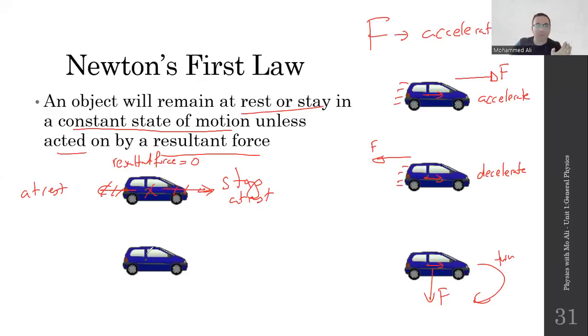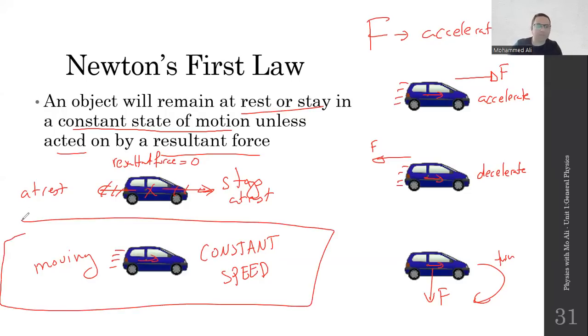But if the object is moving, then it moves at constant speed. Speed does not change. That's very important. So if I tell you that the object is moving at constant speed, you can say that the resultant force is 0. If I tell you the resultant force is 0, it will move at constant speed. Both of these arguments are extremely important.